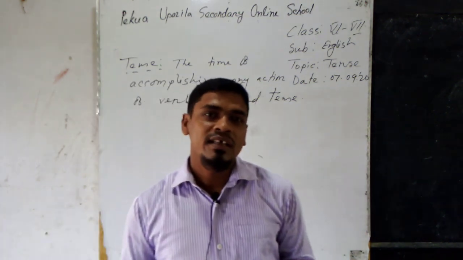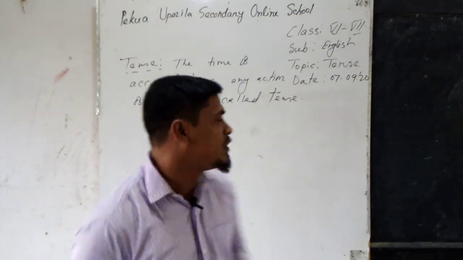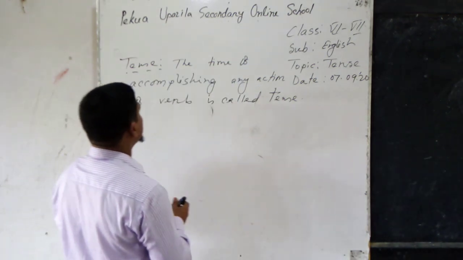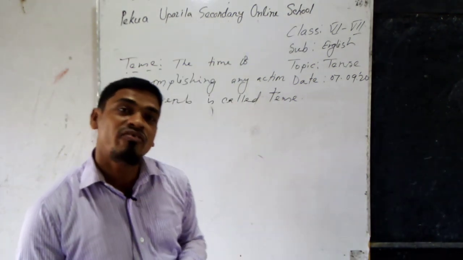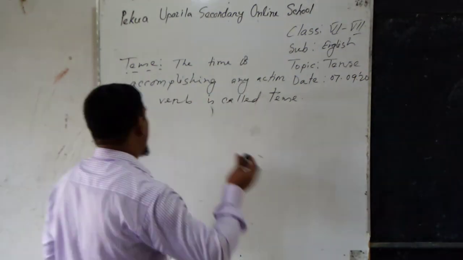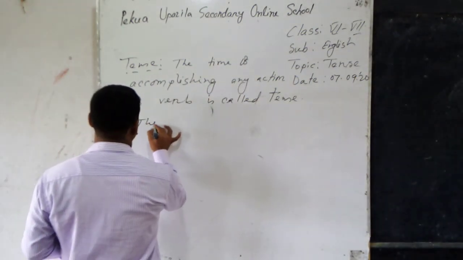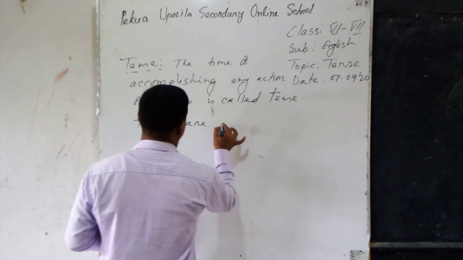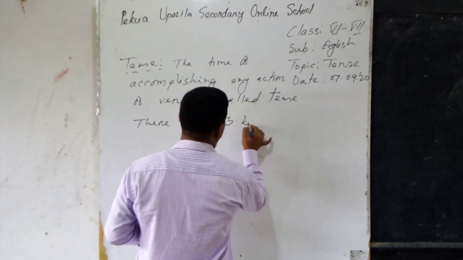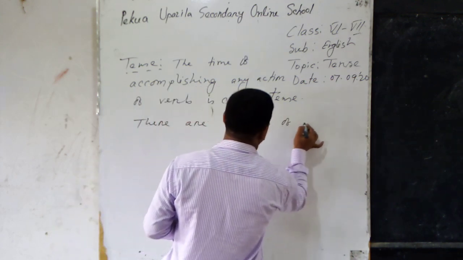Now, how many tenses are there? Generally, mainly 3 tenses are there. There are 3 kinds of tense.